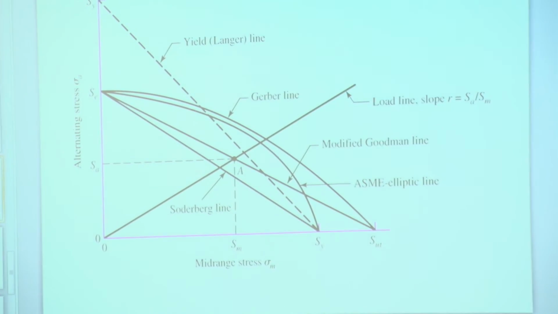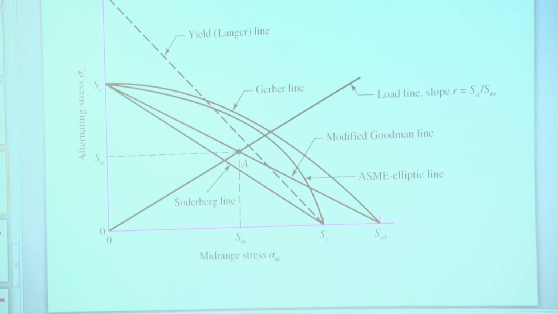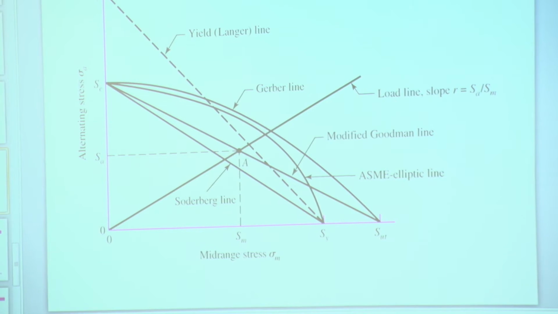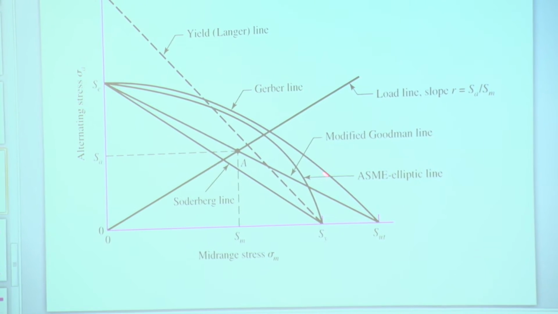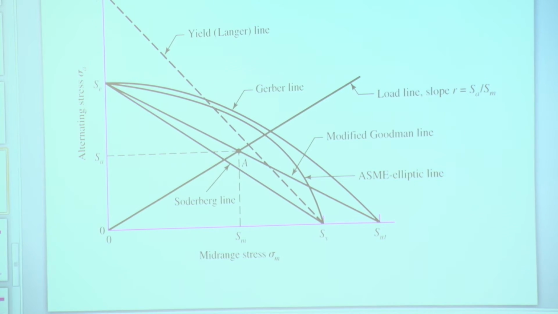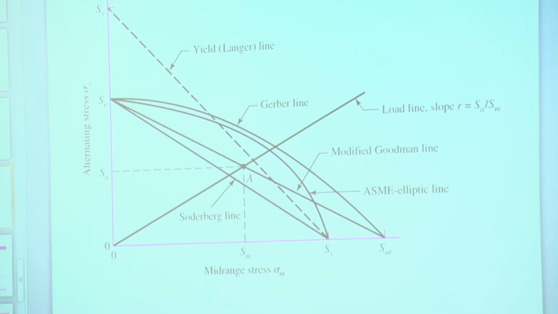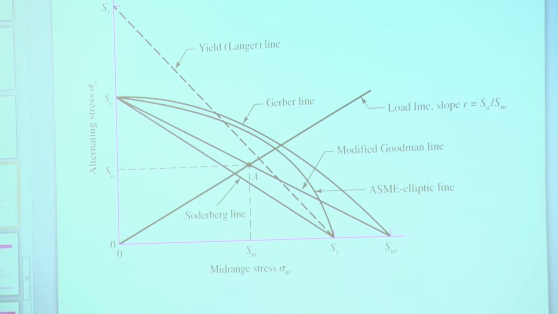And notice that the straight lines are more conservative than the curved lines. In other words, they limit your values to these triangles here, whereas the curved lines got a little bit more room in here where you can load the part and still essentially have infinite life. This is all for infinite life.